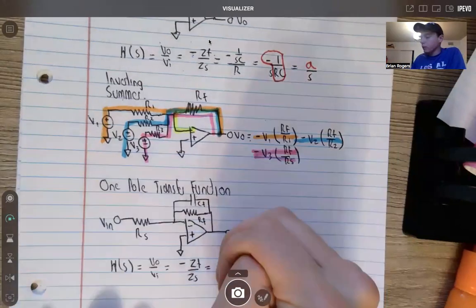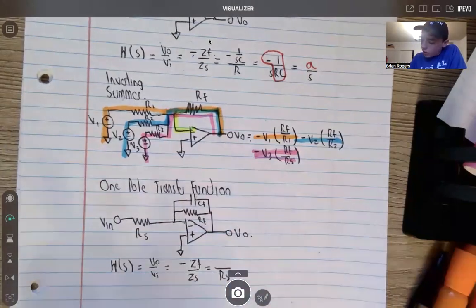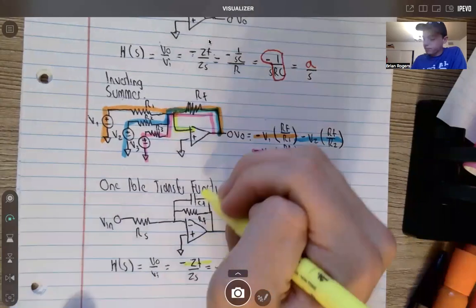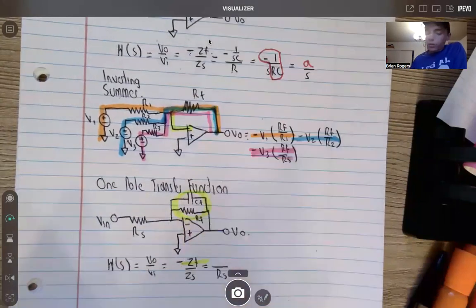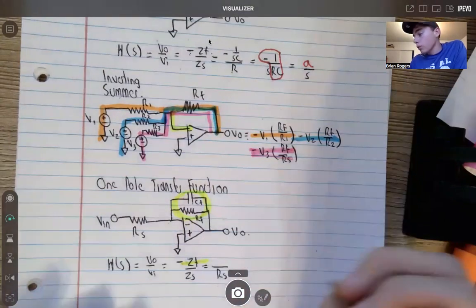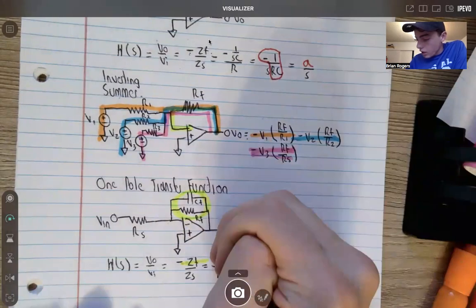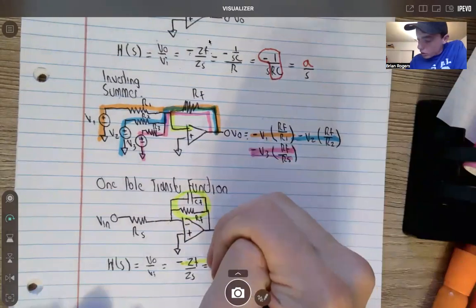And then our feedback impedance is given by the parallel combination of these two here. So because we're dealing specifically with the frequency domain, it's 1 over S C in parallel with R of F.